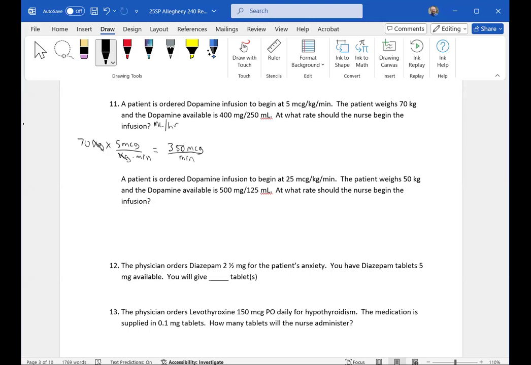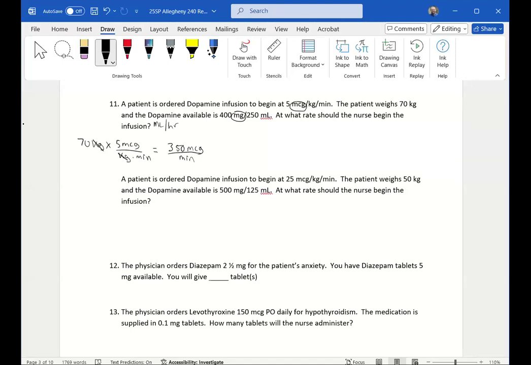So we have 350 micrograms per minute. Because I know I'm working towards hours, and I want to convert this to milligrams, I want to get this number bigger. The reason is that when you have one thing in milligrams and one thing in micrograms, that doesn't work out. They have to be in the same units.